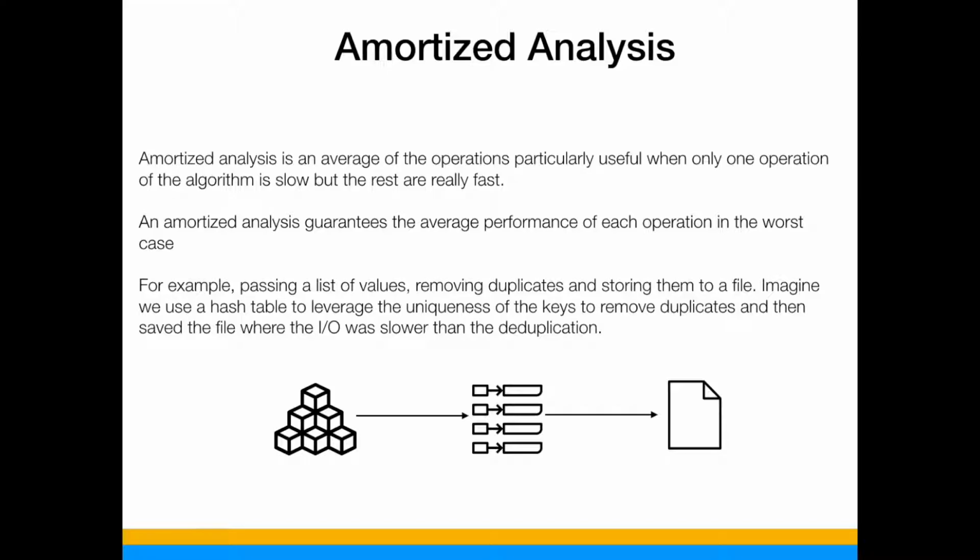Typically, in that case, the slowest operation will be the saving of the file. Amortized analysis allows us to calculate the entire operation as the average of the analysis. So it's just a way of calculating things in a different way.